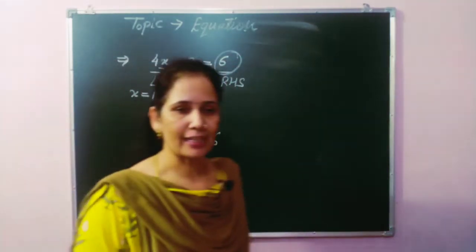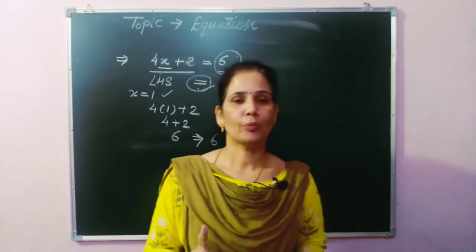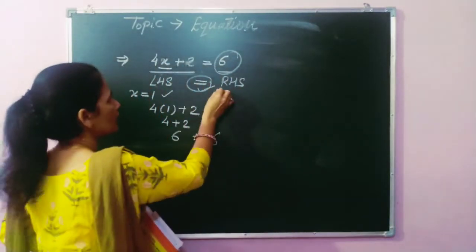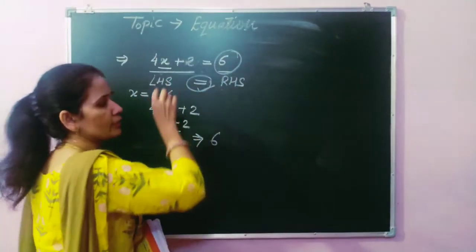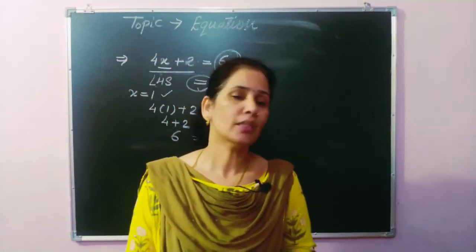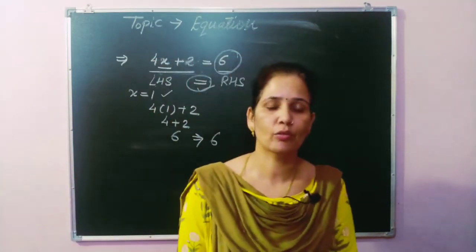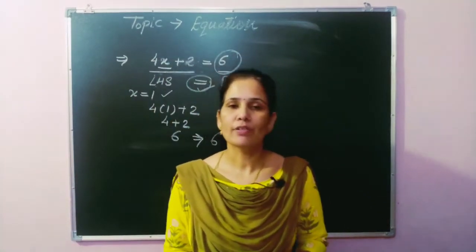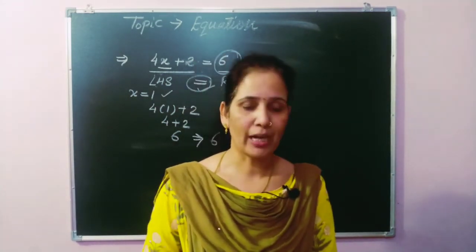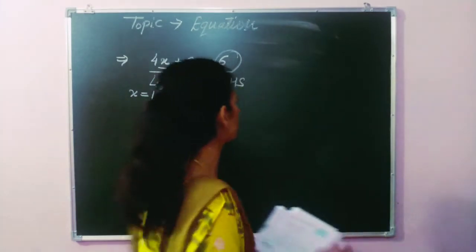Second, one variable is compulsory. If no variable is given, this is not an equation. So these two conditions we have to observe while checking whether the given statements are equations or not. On the basis of this explanation, we are going to solve our exercise number 7.3.